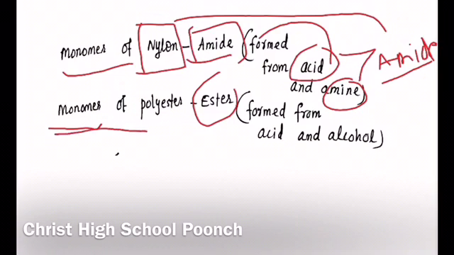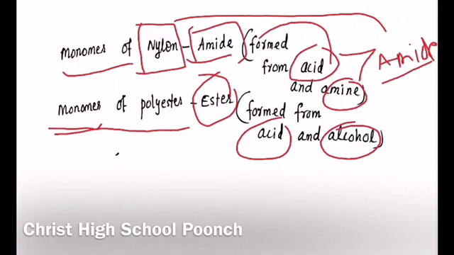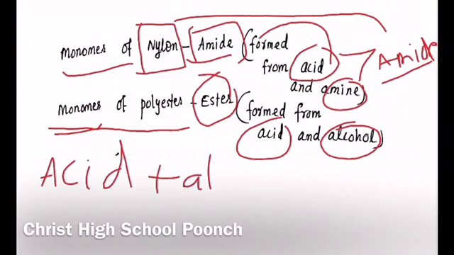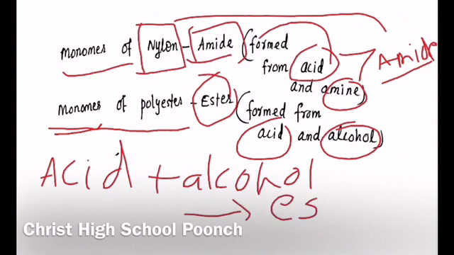Then what about polyester? The monomer of polyester is ester, and this ester monomer is formed from two chemical substances, acid and alcohol. So what happens during polymerization? During polymerization of polyester, acid and alcohol react to form a new substance called ester.